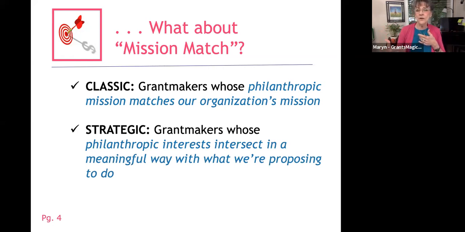And rather than looking only for those funders who are a clear match for our overall mission, we can be looking for grant makers whose philanthropic interests intersect in a meaningful way with what we're proposing to do. It may sound like I'm saying the same thing, but I'm not, because there are lots of ways that philanthropic interests of the grant makers can intersect with something that we're doing in our project without their actually aligning 100% with our organizational mission.